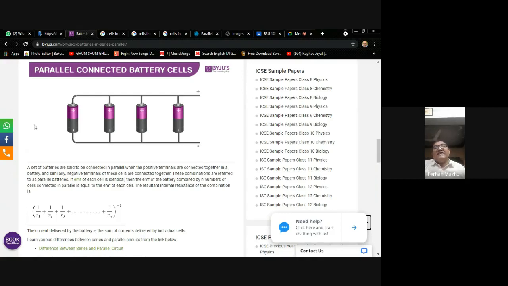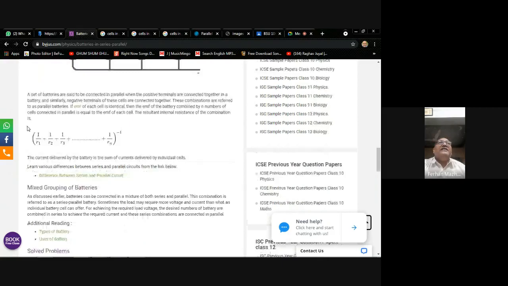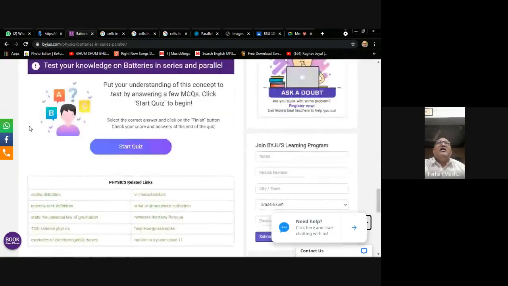And we always take identical batteries in this case, and the EMF of the total combination will be equal to the EMF of a single, individual cell. So in series, the EMF will add up, and in parallel, the EMF will not add up.